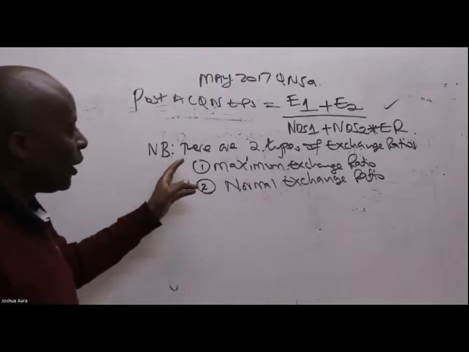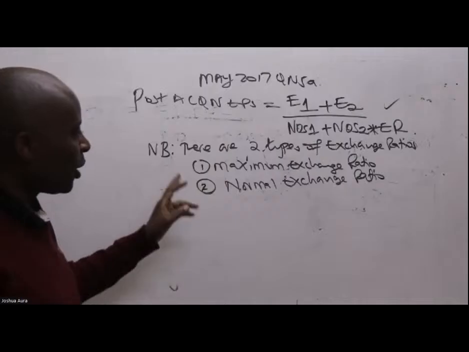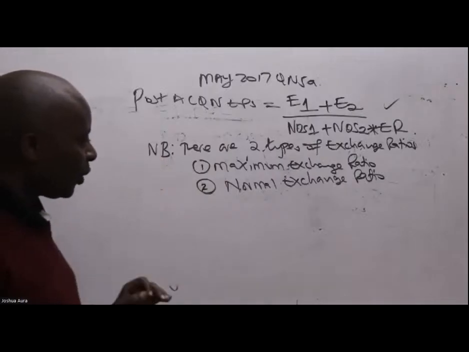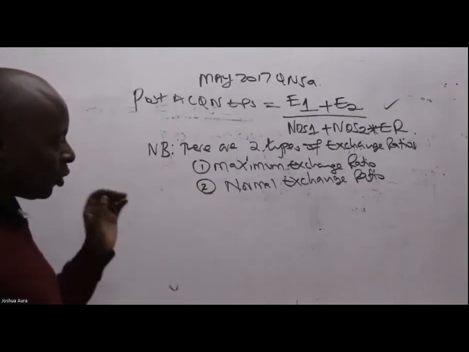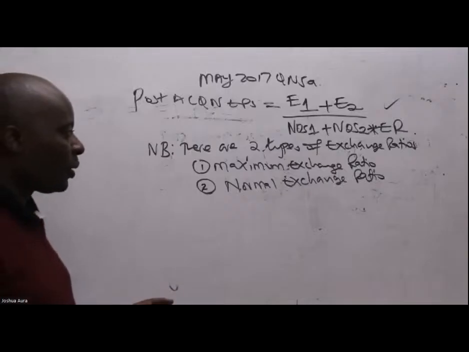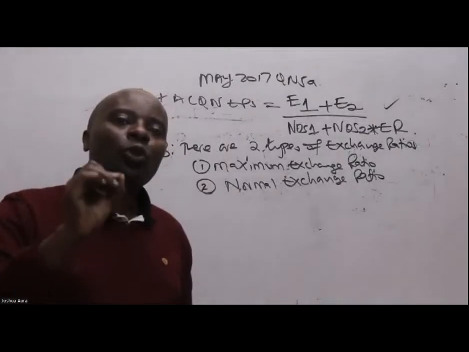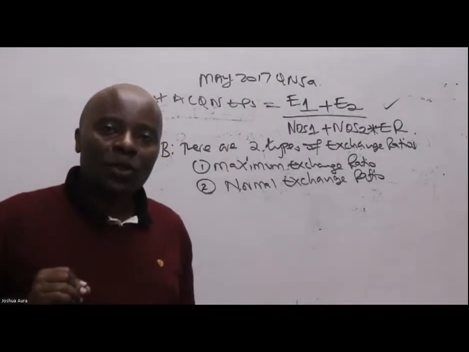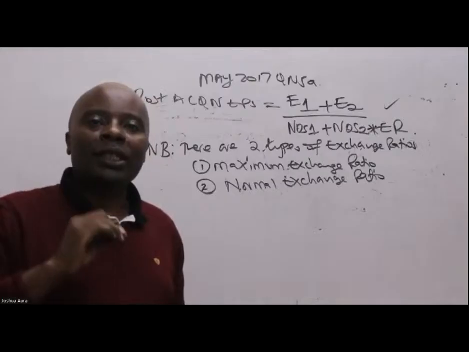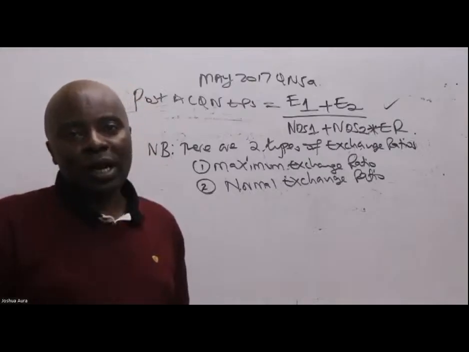Great. So there are 2 types of exchange ratios. Number 1, we have the maximum exchange ratio. And number 2, we have what we call the normal exchange ratio. If the examiner specifically asks you to calculate the maximum exchange ratio, then there is a formula I've always wanted you to cram.